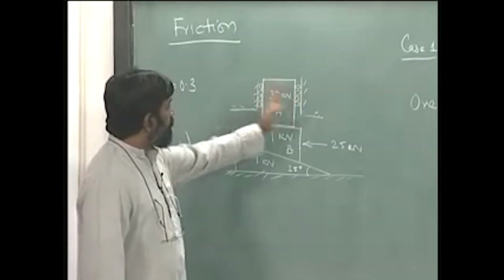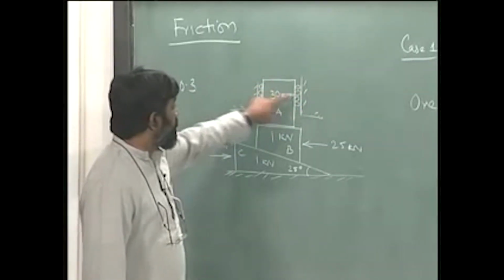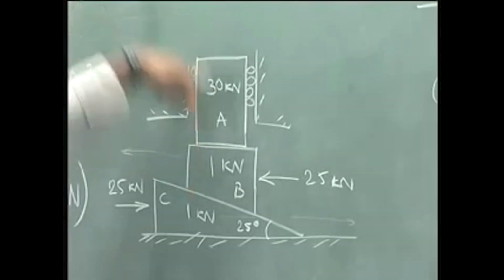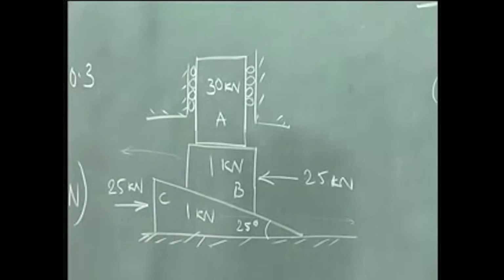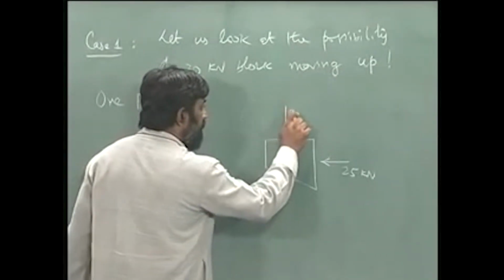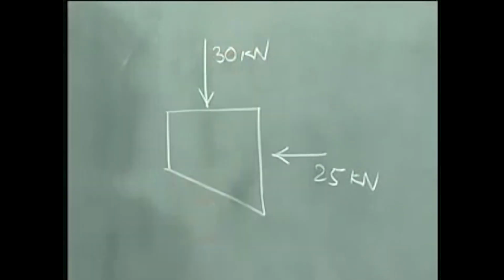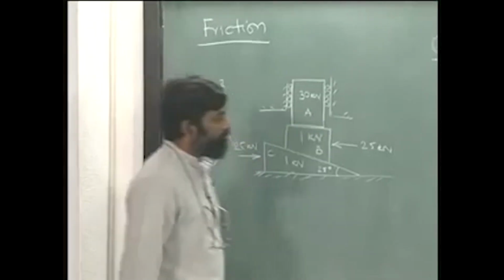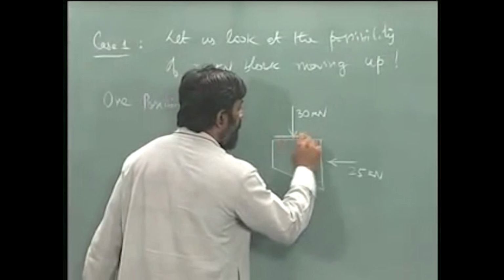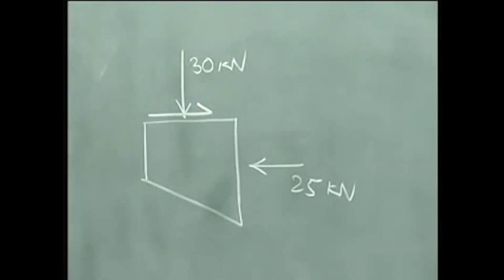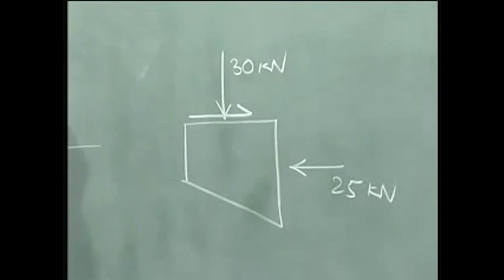Since there is no sideways friction on this block, there is only one vertical force that is acting on block B from A, and that is 30 kilonewtons. There is no problem about that, right. And since it is moving this way, I could have a frictional resistance to that movement. So, I am assuming that the movement is in this direction.